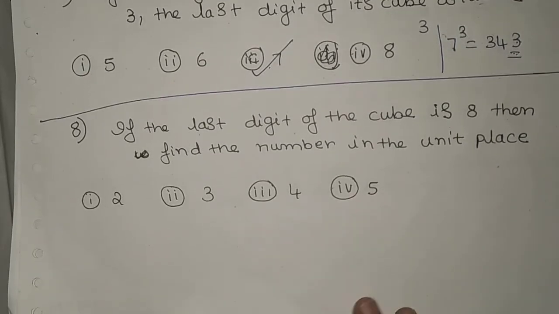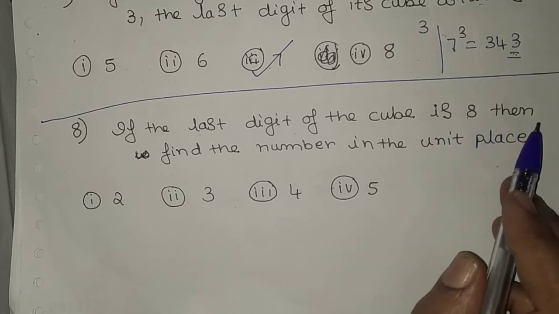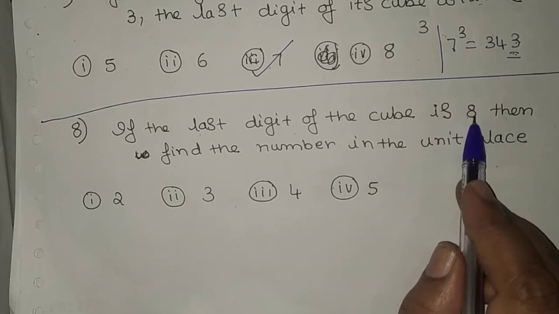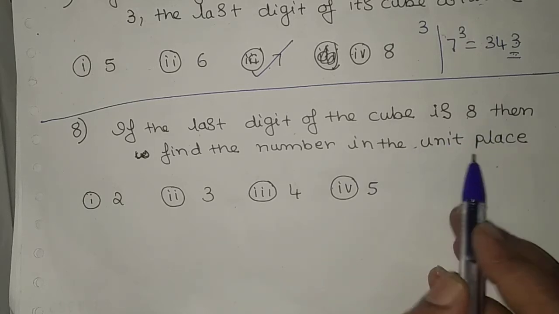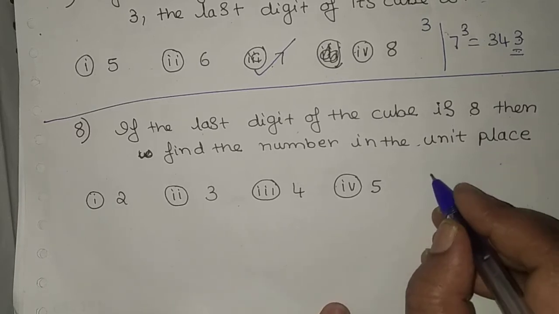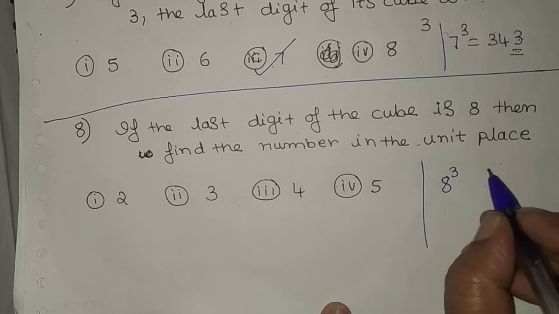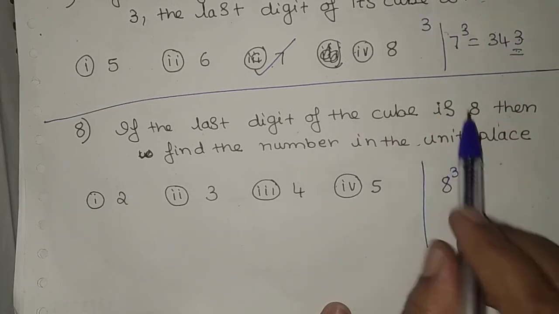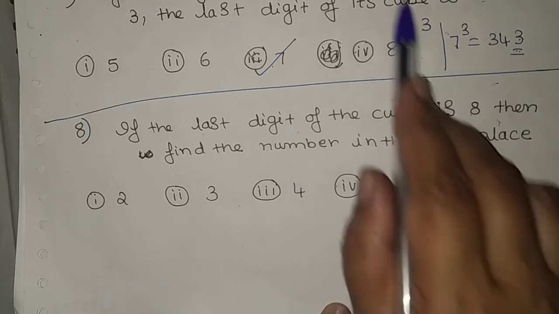So next question: if the last digit of the cube is 8, find its unit place. That is, the last digit of the cube means 8 cube. This is similar to the previous problem, but these two are interchanged.